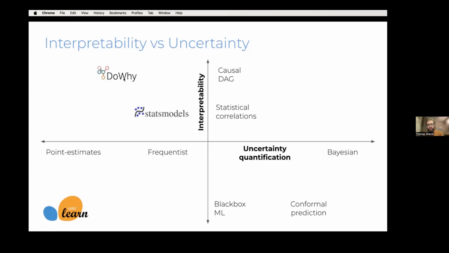So that's cool. DoWhy is a more recent package from Microsoft. It allows you to do causal estimation, high interpretability, but mostly just still point estimates. And PyMC in the top right here, where you can create these causal DAGs like the one I just showed, and have a Bayesian uncertainty framework.